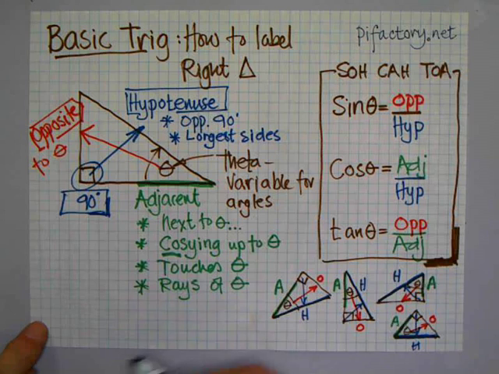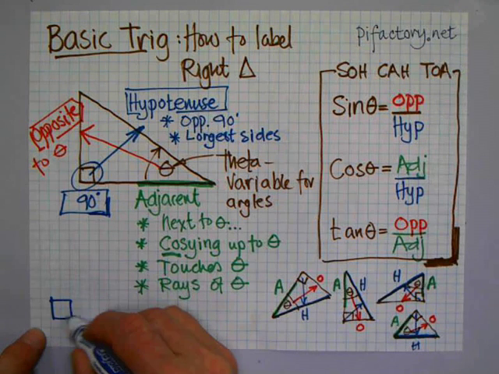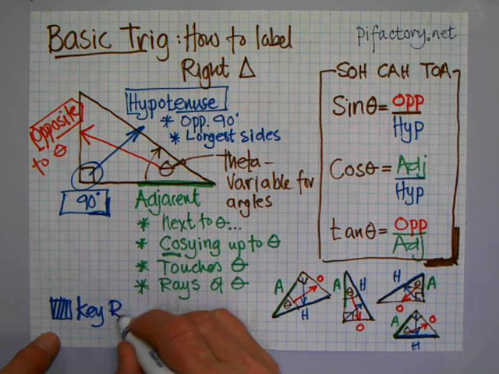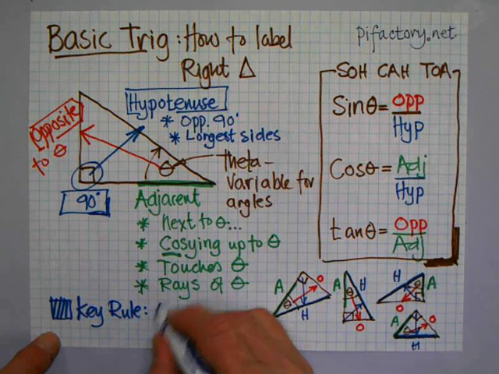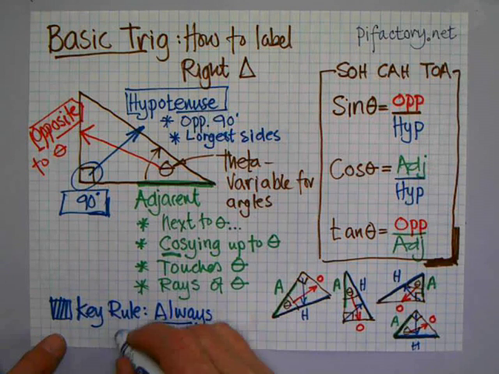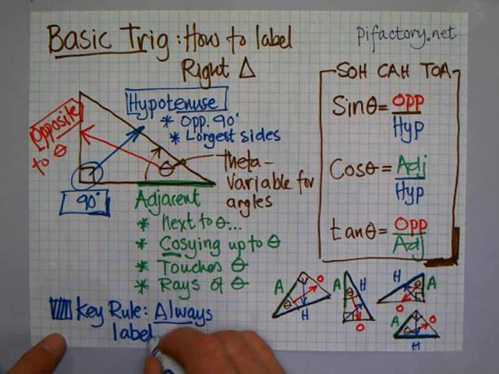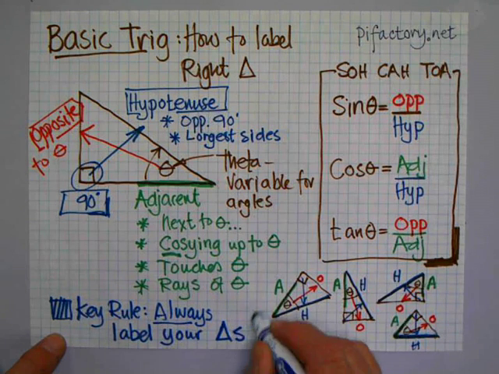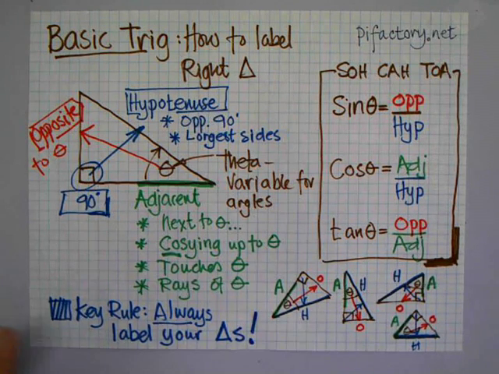So the absolute golden rule, I don't have gold here, I just have some of these colours, golden rule, or let's say key rule: always, without fail, label your triangles. Then things become lemon.